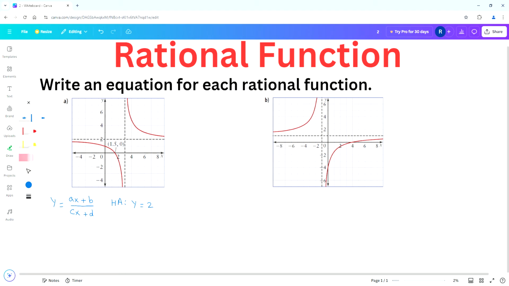The vertical asymptote is x equals 3. The x-intercept is 1.5 or 3 over 2. The y-intercept is 1.